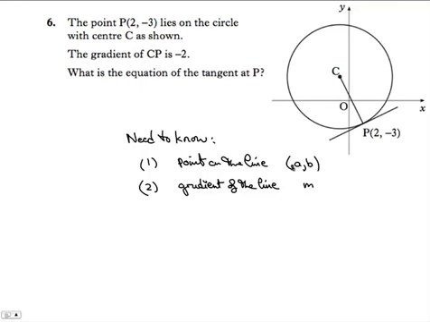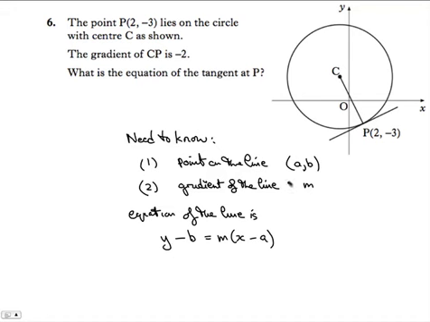So if we know a point on the line, in this case we do, it's (2, -3), and we know the gradient of the line, in this case we're not told it, we would need to work it out, then the equation of the line is y minus b equals m times (x minus a).